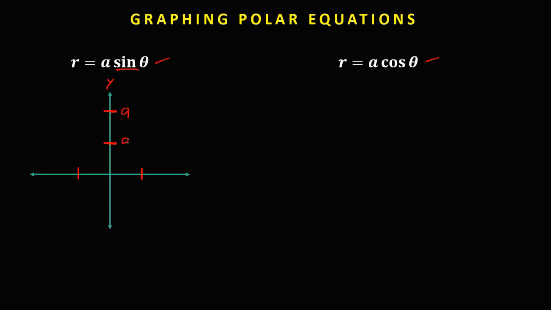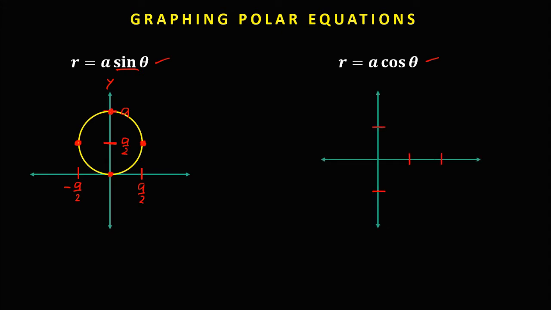This point is a over 2. This one is also a over 2 and negative a over 2. So the graph of this equation passes through these points. So this is now the graph for r equals a sine theta.